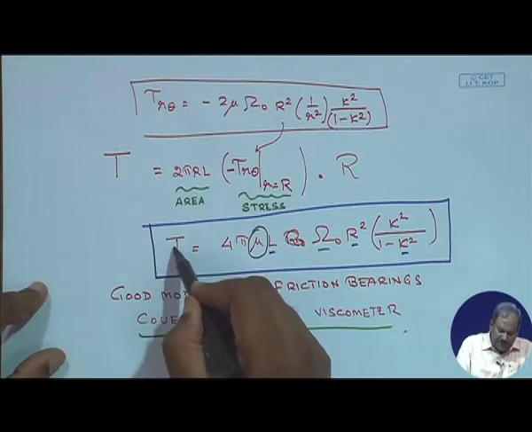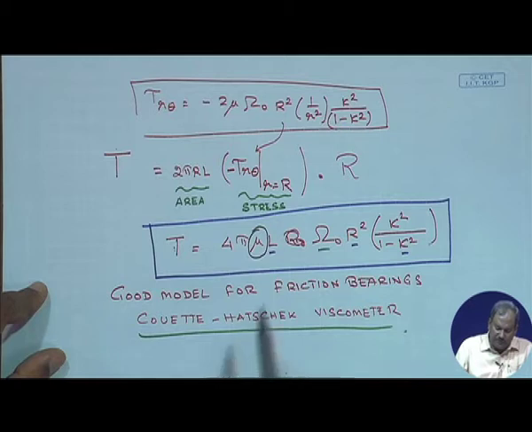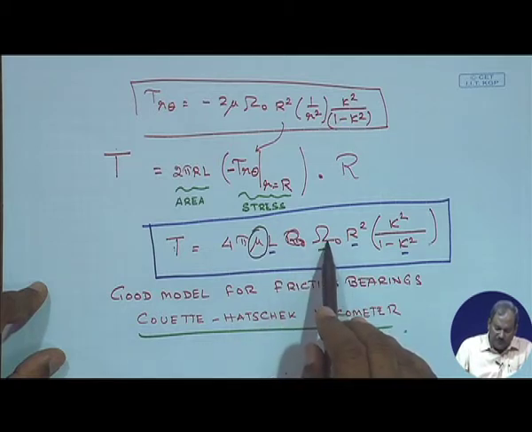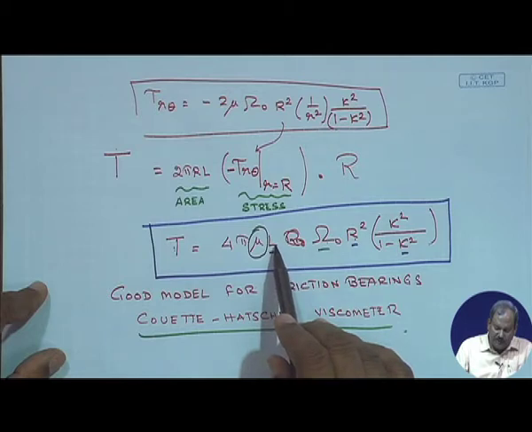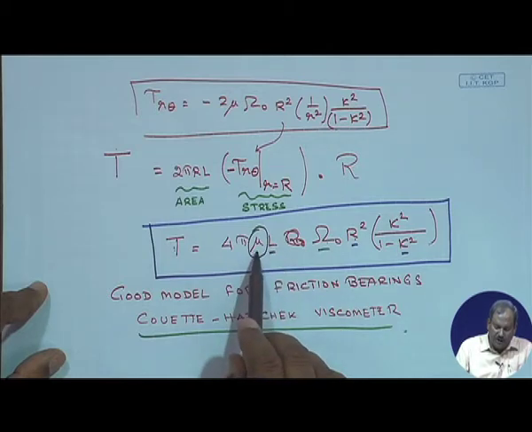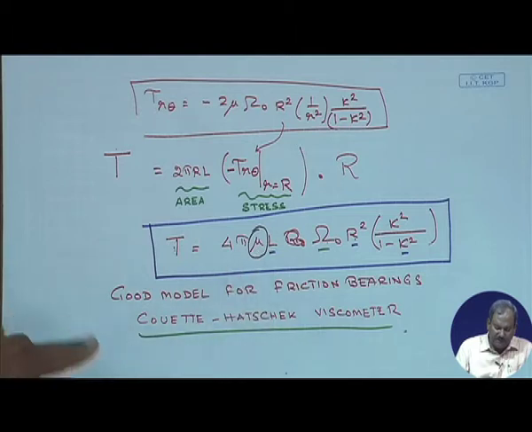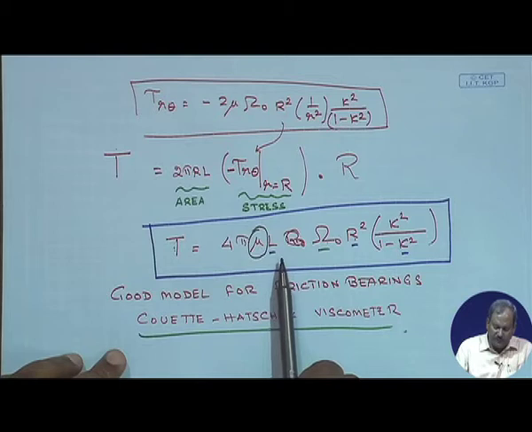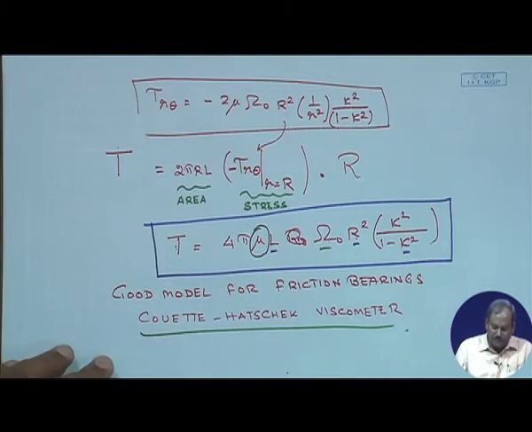Once T is measured, and the velocity and geometry are known, the only unknown, mu, can be accurately calculated. Viscometers based on this principle are known as Couette-Hatschek viscometers.